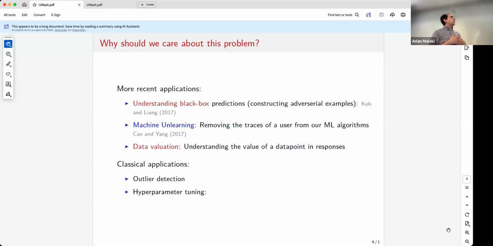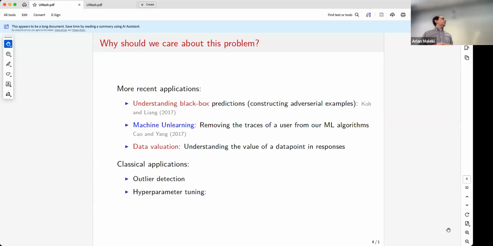But because of the privacy laws, especially in Europe and California, if a user asks Google to remove their data from the data set, Google is supposed to remove that data from the data set, but also the trace of that data point from the models that they have, right? As you can imagine, this is a very expensive process if they want to retrain the model.